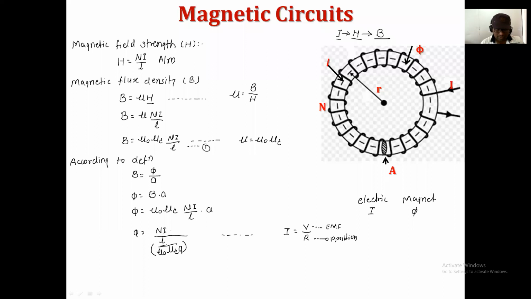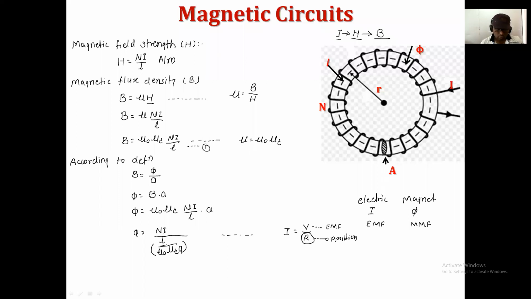Now in this equation, in terms of the electric circuit, the numerator we call the electromotive force. In the equation of phi, the numerator is Ni, which is called the MMF, magnetomotive force. In the DC circuit equation, the denominator is represented with R, the opposition to the flow of current.